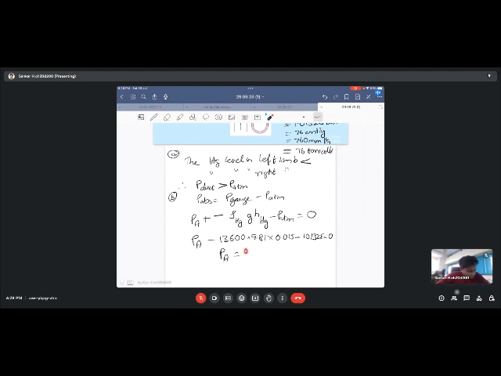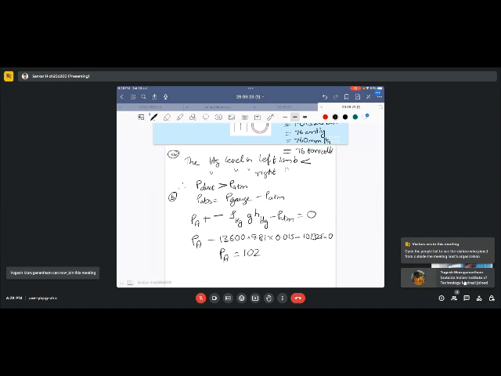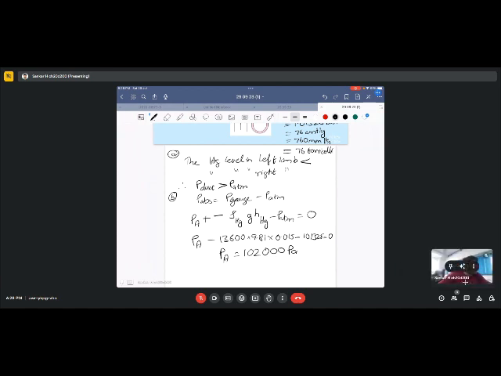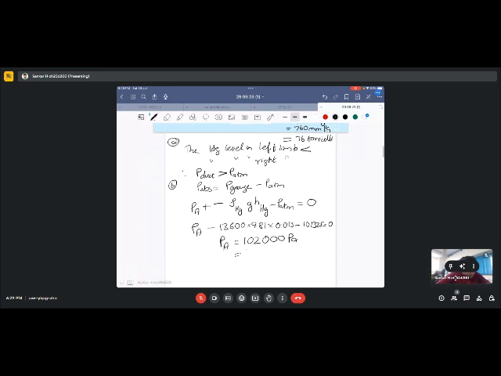So when you solve this, you'll get the value as 102,000 Pascal, which is 102 kilopascal.